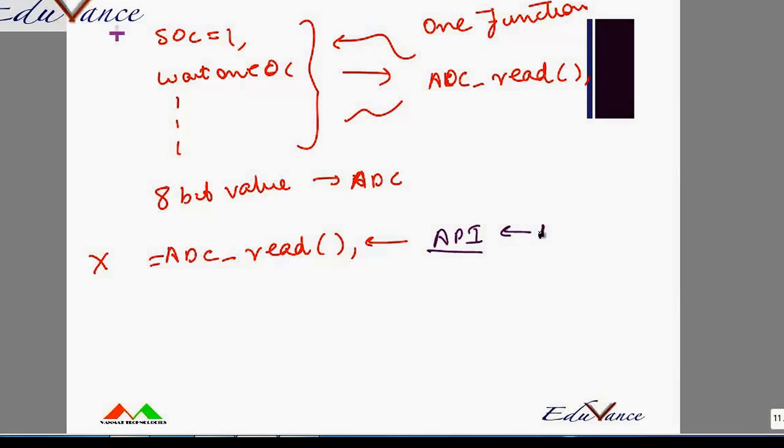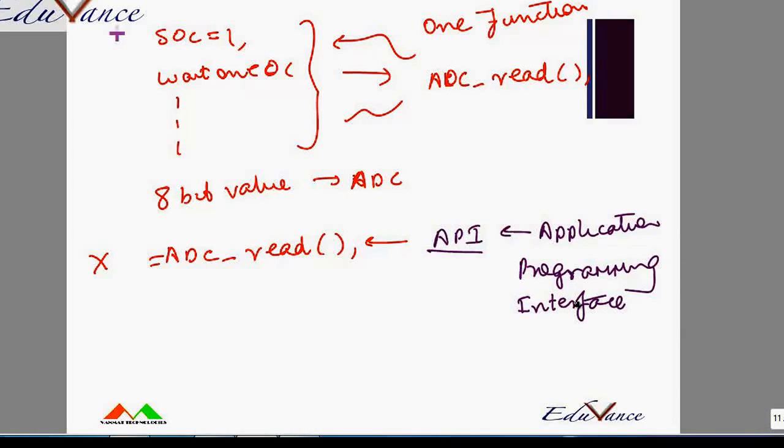So it is an application programming interface, where an interface is given to you like this for programming a particular application, which in our case was reading from an ADC.